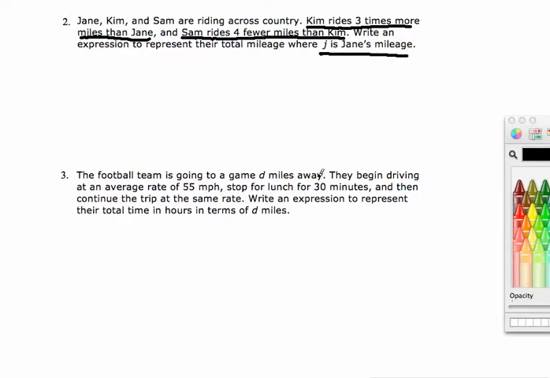So our expression has to only have one variable in it, and that's J. So we need to make everything else in terms of J. We've got Kim, we have Sam, and we have Jane. We know that Jane's mileage is going to be just J, because J is Jane's mileage.